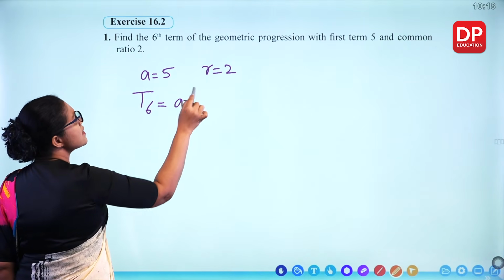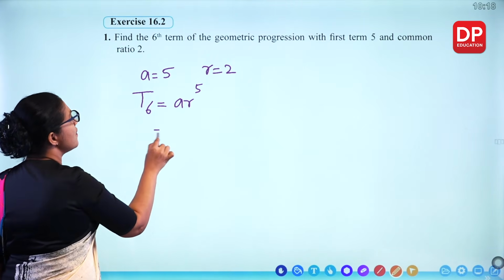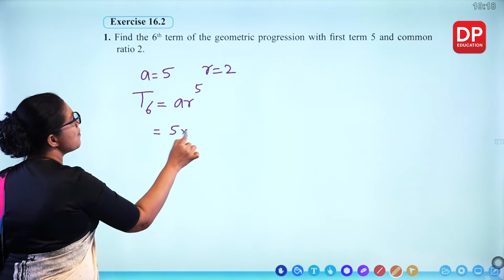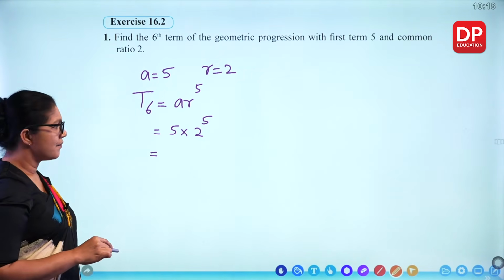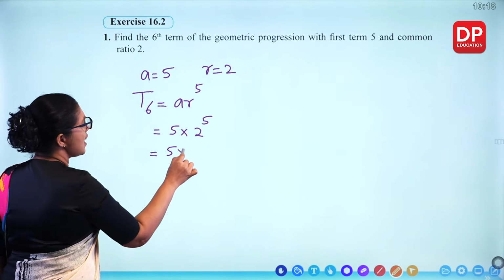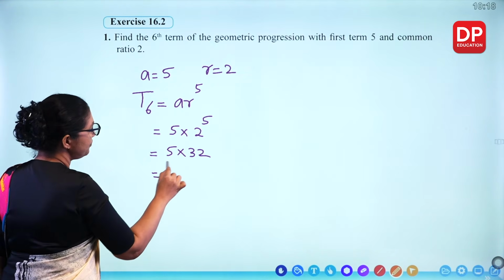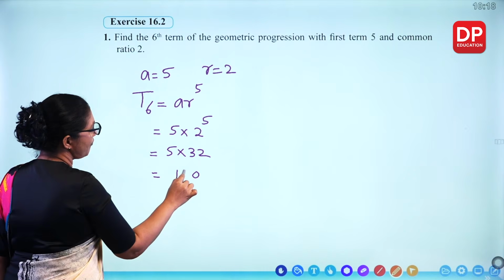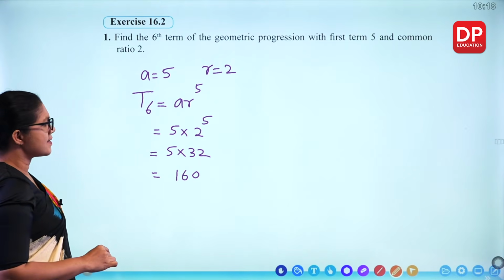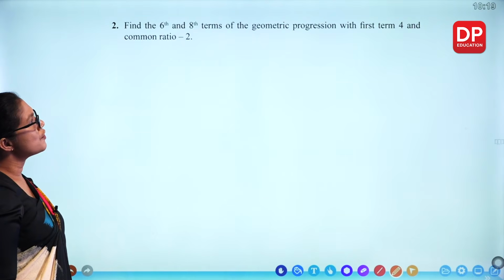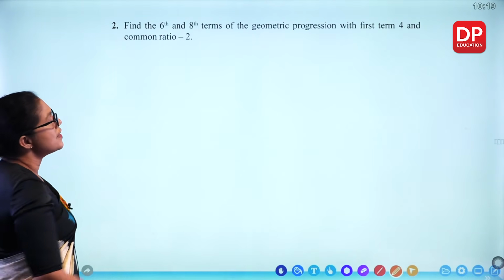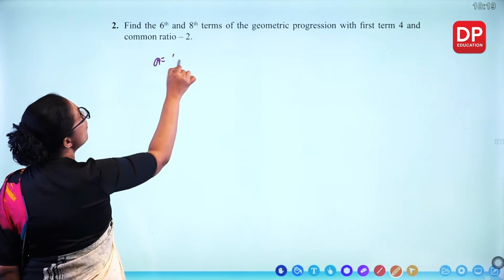AR to the power 6 minus 1 is 5. 5 times 2 to the power 5. What is 2 to the power 5? 32. 5 times 32, 160.